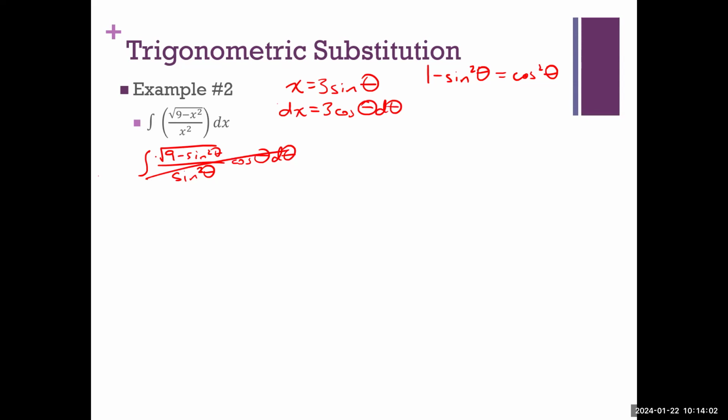And then we get the integral of radical 9 minus 9 sine squared theta over 9 sine squared theta times dx, which is 3 cosine theta d theta.